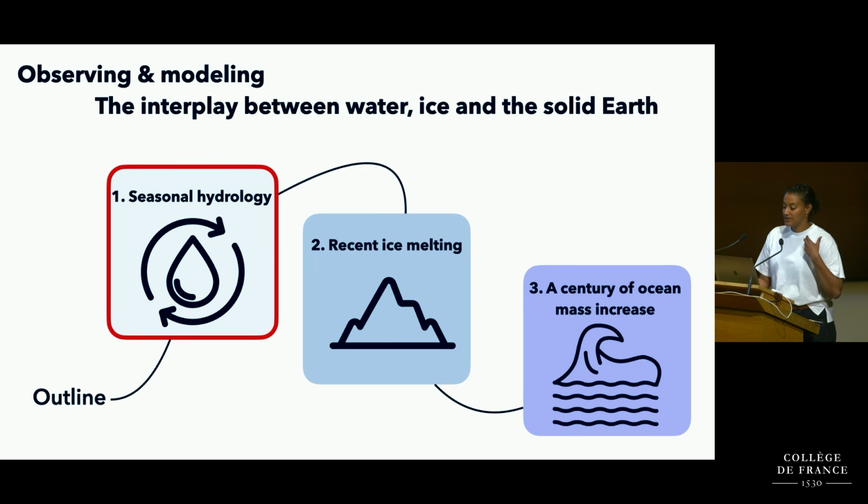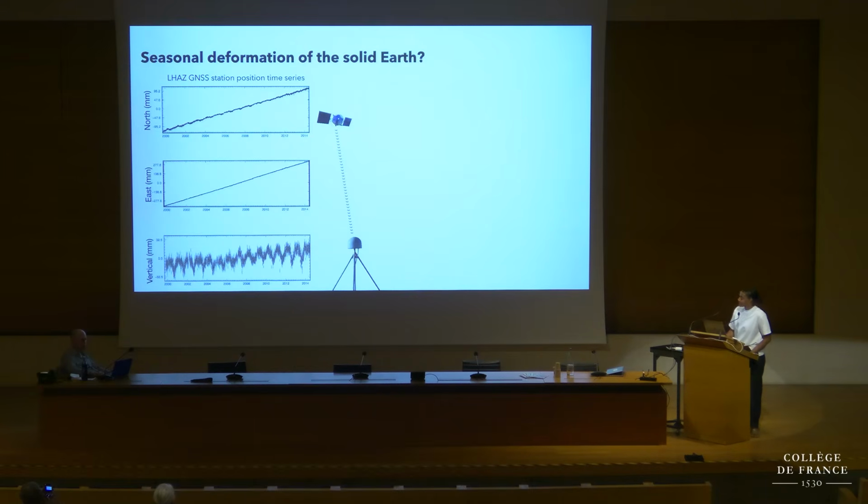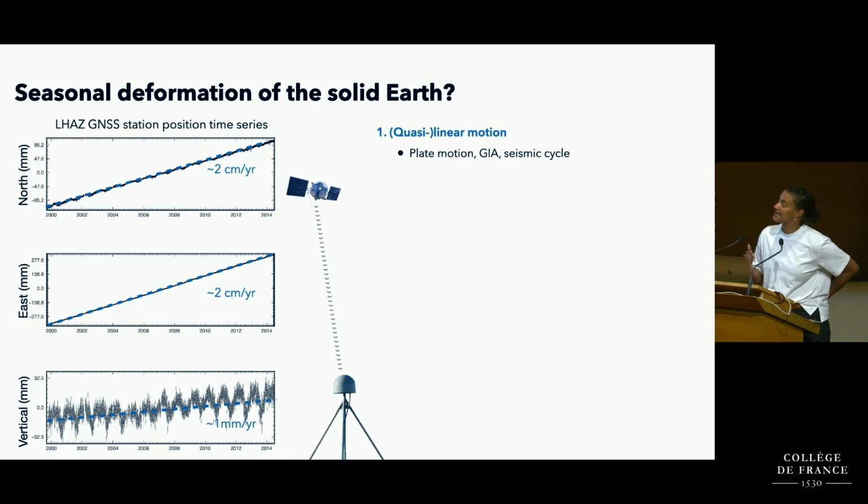So if we start with the seasonal hydrology, first we have to look at whether or not we can see seasonal deformation of the Earth. And if we look at a GNSS station here, located in Lhasa in Tibet, we can look at the north, east, and vertical displacement through time. The first thing you can see is this linear motion of about 2 centimeters per year, which translates mostly plate motion.